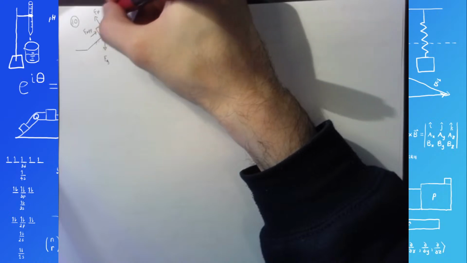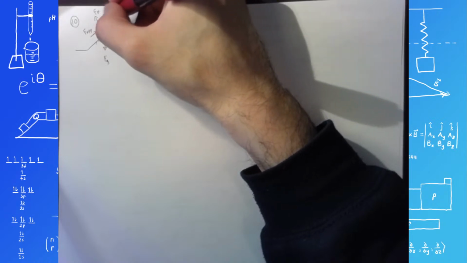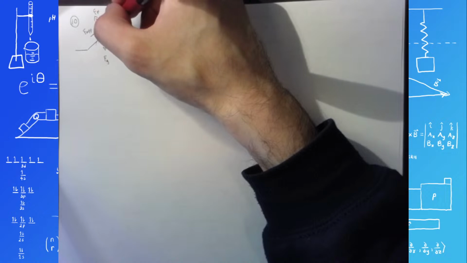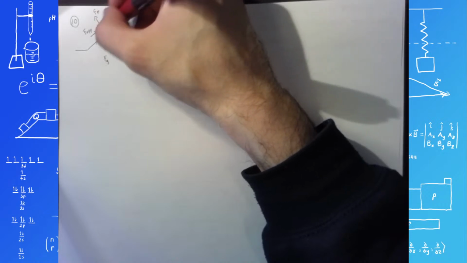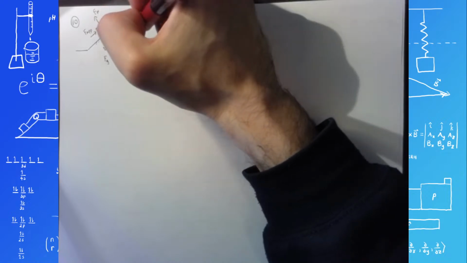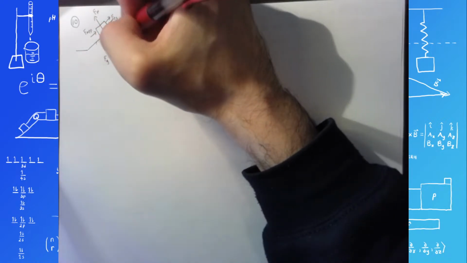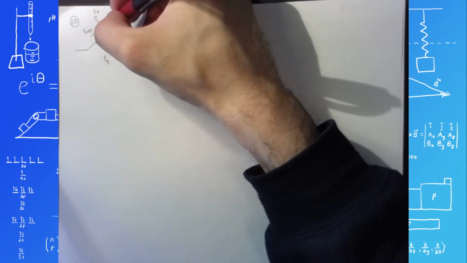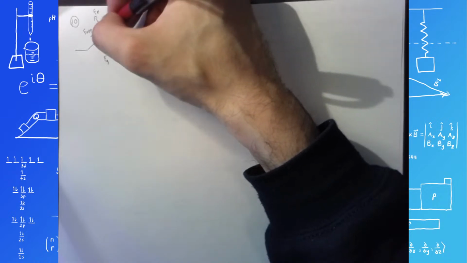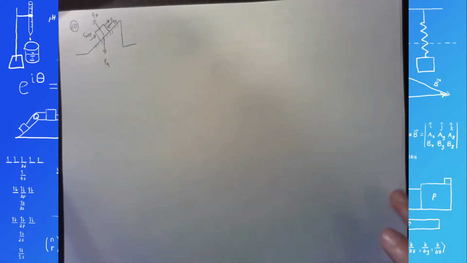Now this is not a correct diagram if you draw both on the same diagram, but in order to save ink and paper, I'm just gonna leave it like this. But technically, what you would have to do if it were on a test is you would have to draw two diagrams, one with the static friction up the ramp and then another one with the static friction down the ramp.